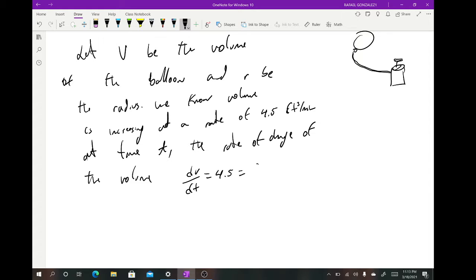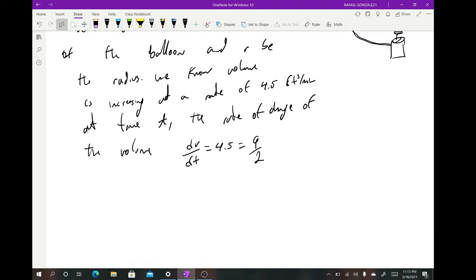And I'm going to write this as a fraction. It's 9/2. So 9/2 is equal to 4.5. So this is the given information. So given is dV/dt is equal to 9/2.